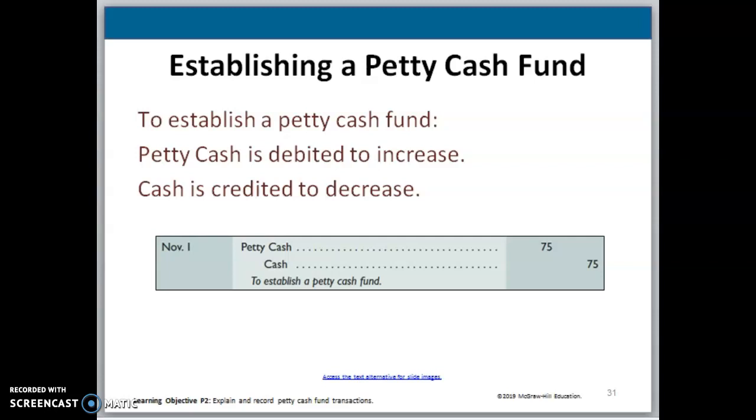And this allows us to have $75 that is written in a check. We take it to the bank, we cash it, we put that $75 cash into a lockbox, a drawer, a locked up envelope, or a separate cash register that's actually on hand just for petty cash. So our process to establish the fund is to debit petty cash and credit cash.